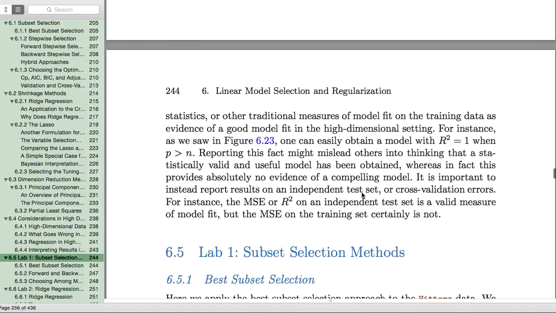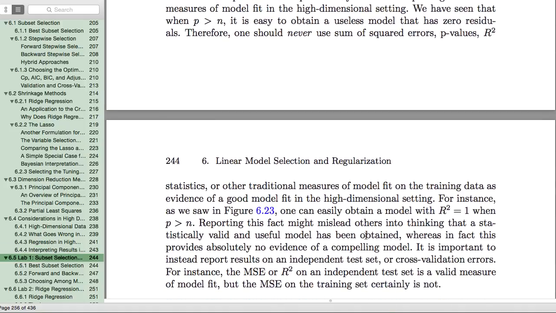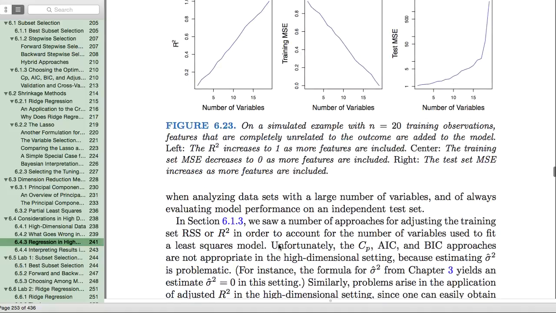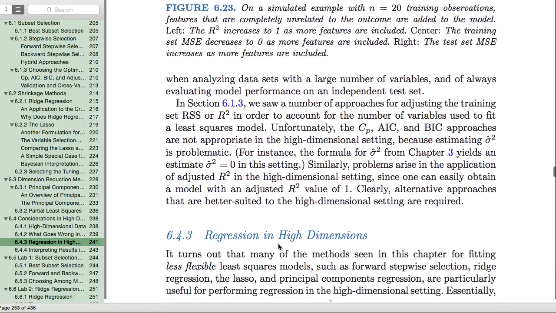Instead of using R squared, use the MSE or R squared on a test set. So not the R squared on the training data, or the cross-validation errors. You have to report these kinds of results to have any weight to your predictions.